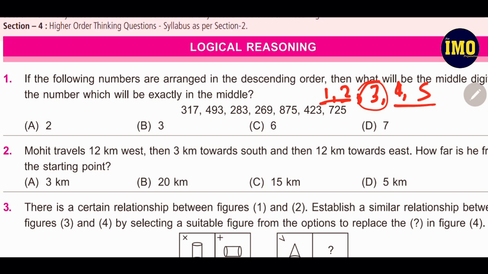Before arranging all the numbers in descending order, remember what descending means: from the greatest number to the smallest number. We start from the greatest one and then move to the smallest one. In ascending order, we arrange numbers from smallest to greatest.